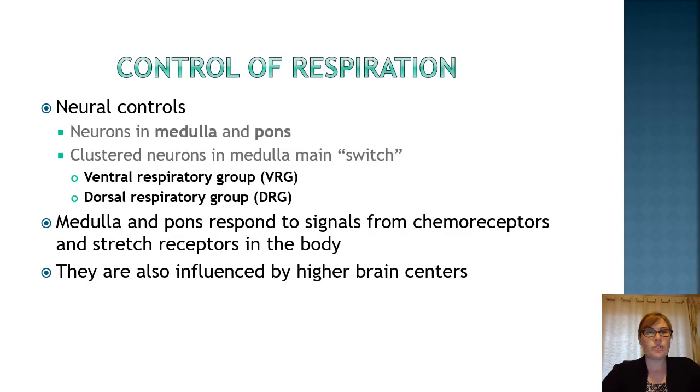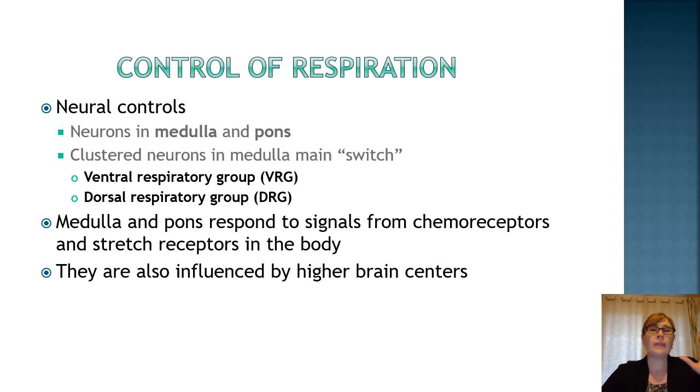All right, the way that respiration is controlled is neural, the brain. Sections of the brain stem, the medulla and the pons, have clusters of neurons that are integral parts of this.